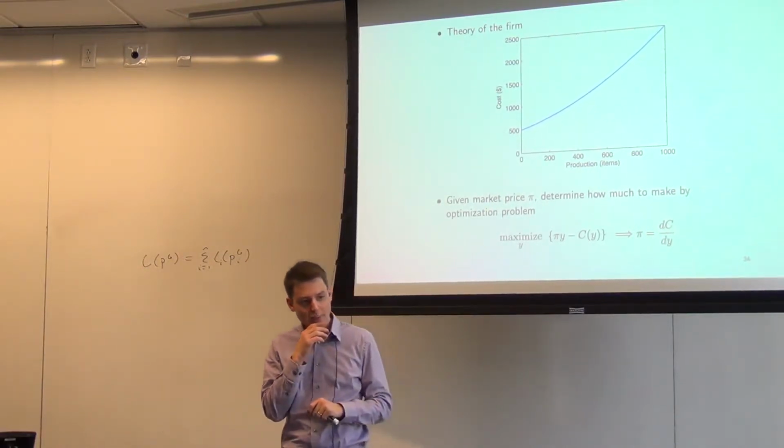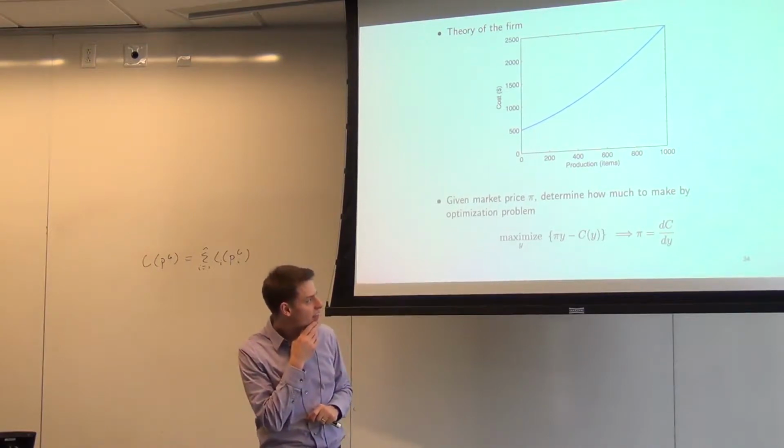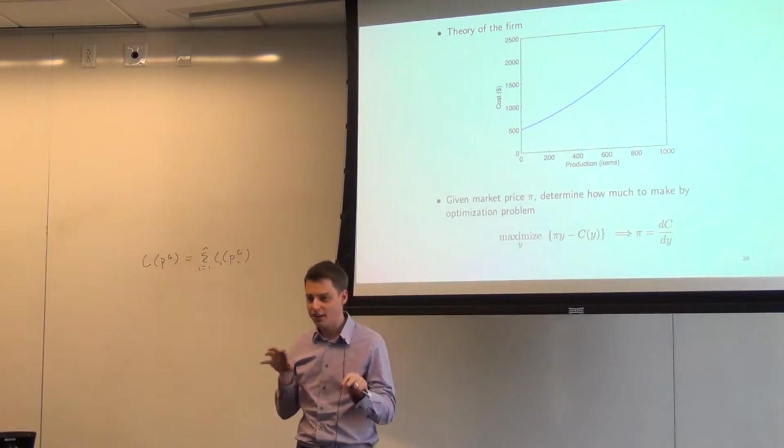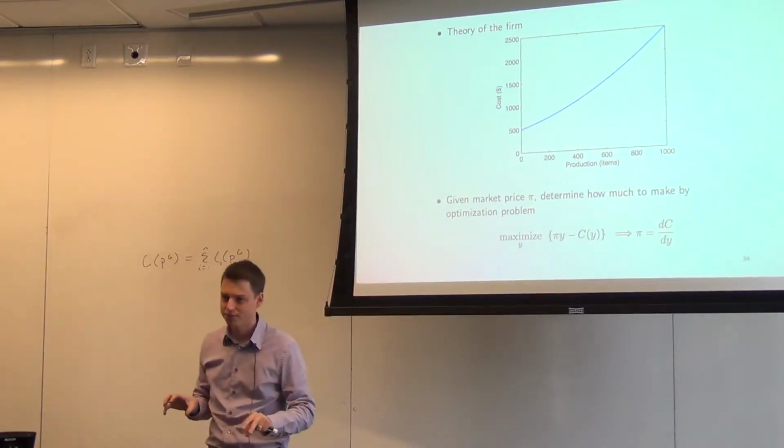Because what happens in power markets is that this marginal price can be different at different places in the network.